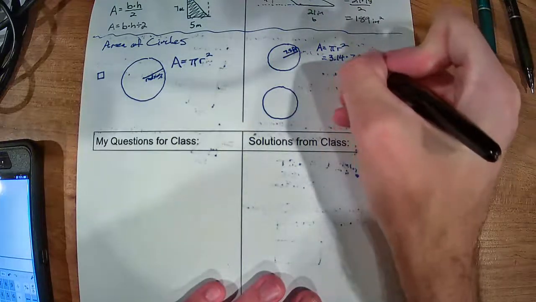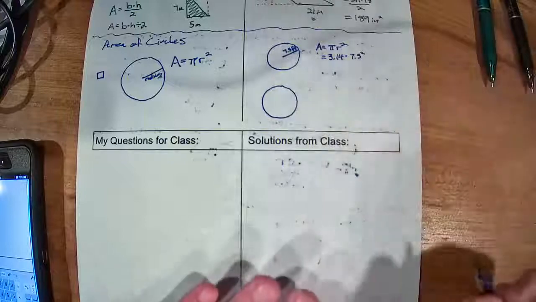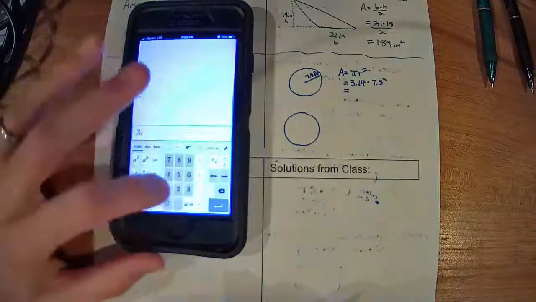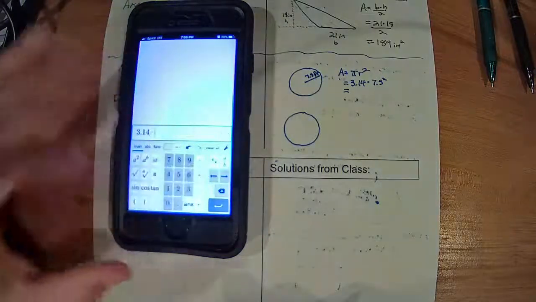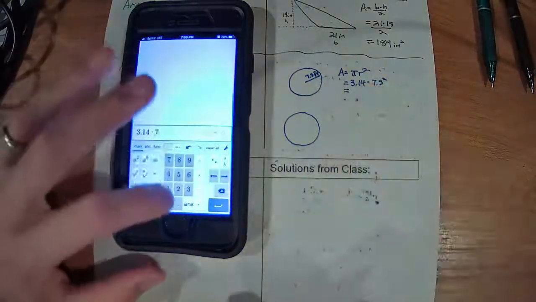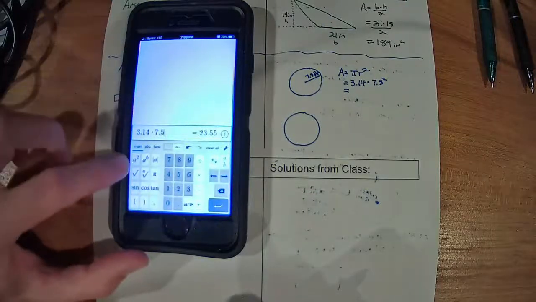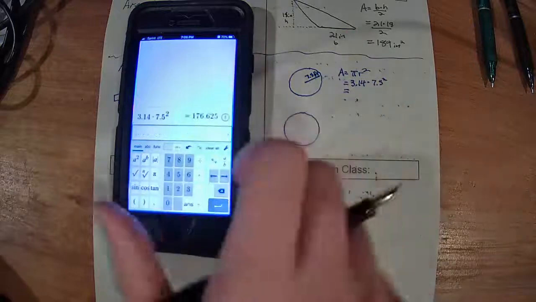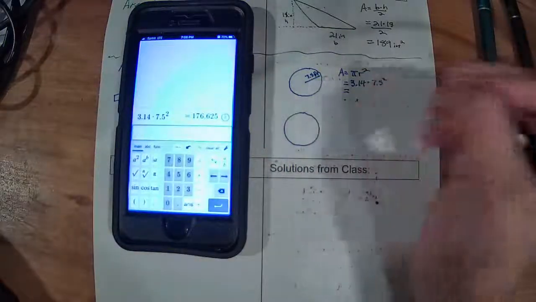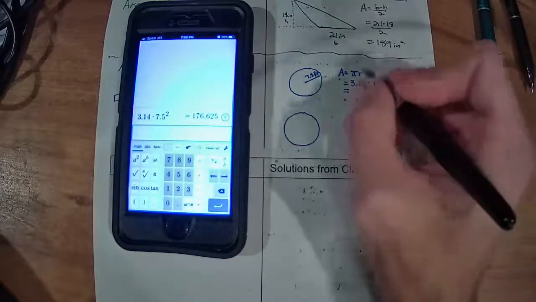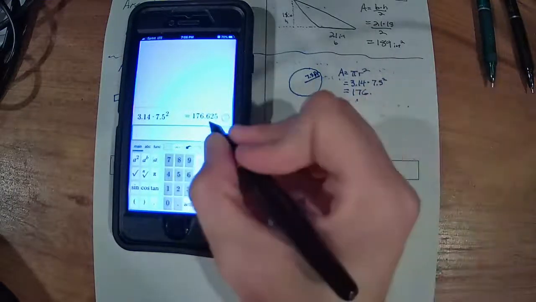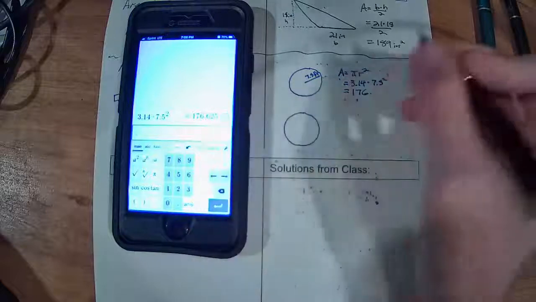7.5, and we'll square it. All right, let's do that. So let's take pi, we'll use 3.14 here, times 7.5, and we're going to square it. On my calculator here, we've got an exponent of 2. We can hit enter, and let's round it to the tenths place. 176, and there's the 6, and there's a 2 after it, so we'll round down.